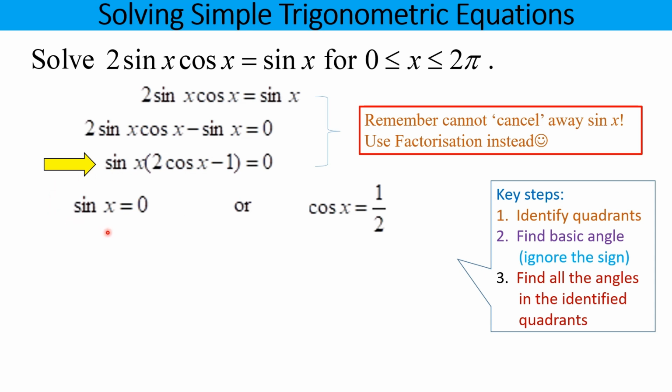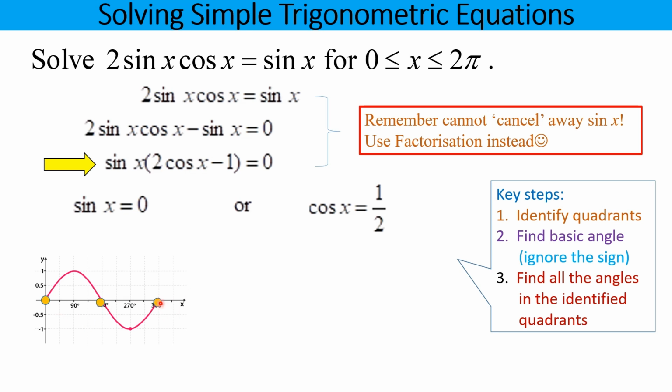Instead, what I suggest you to do is you have in mind, right, the trigo graph, which I covered in my previous lesson. So in trigo graph, right, this is the basic sine graph. So in the basic sine graph, you notice that for sine x is equal to 0, I will have here 0 degrees, 180 degrees, and 360 degrees. Yeah, so over here, this will help us to find the value of x.